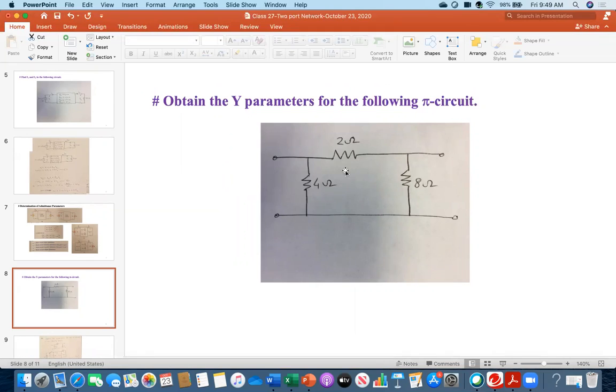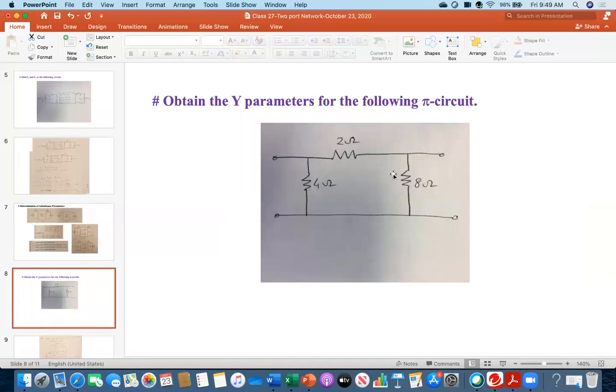Now for this pi circuit, find out the admittance parameter, Y parameter. This means that in this case you have to find out Y11, Y12, Y21 and Y22. Everybody, can you try this one with your pen and paper?